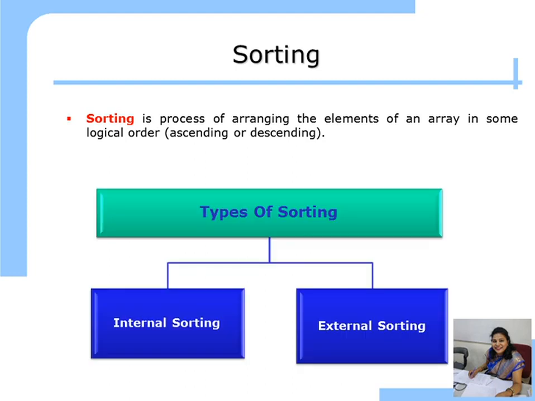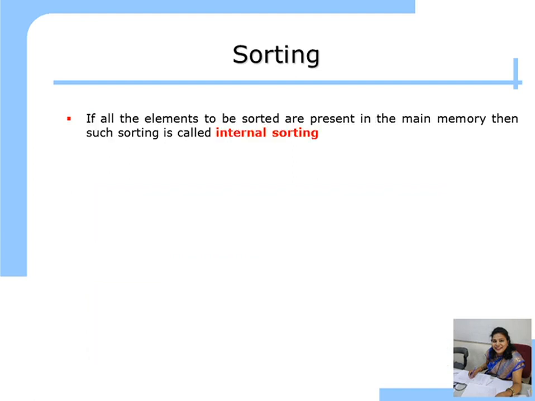Sorting has two types, internal sorting and external sorting. What do we mean by internal sorting? Internal sorting is the sorting where all the data to be sorted is present in the main memory. Whenever you run any program on your computer, you pull that program into your main memory, that is the RAM.